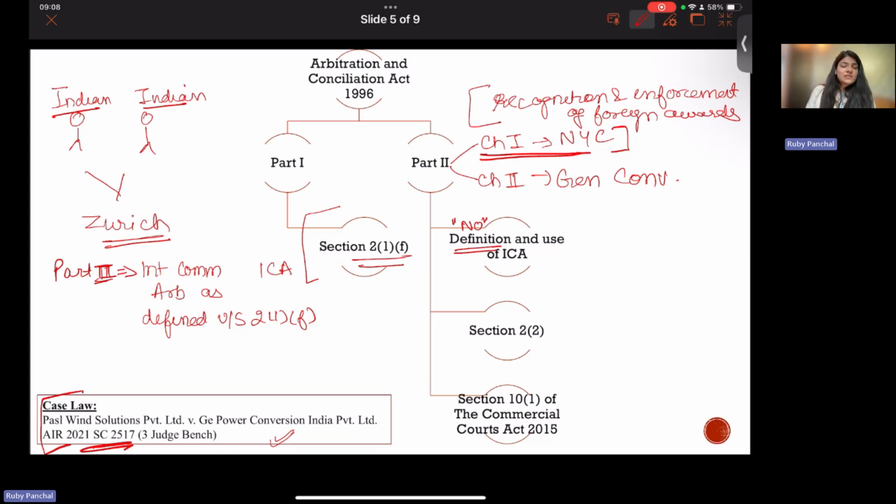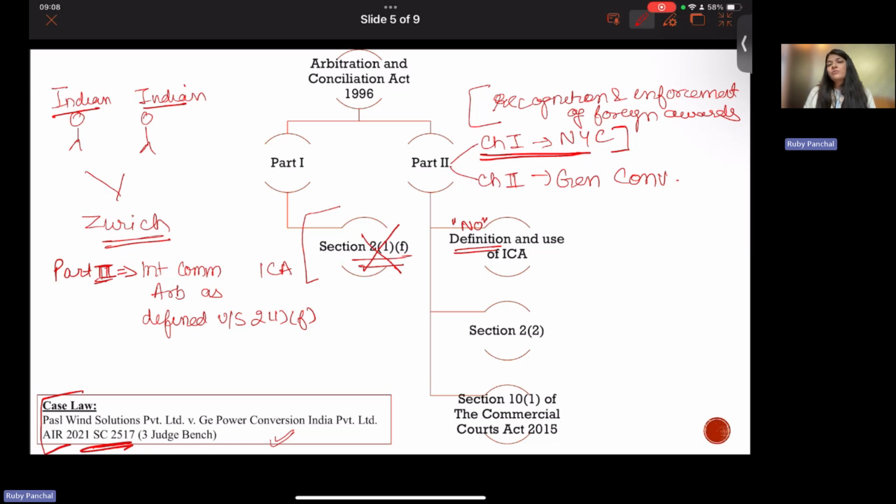So, first things first, the Supreme Court clarified that look, Section 2(1)(f) would not be applicable per se on Part 2 because the definition clause is only restricted to Part 1, right? So that's that.